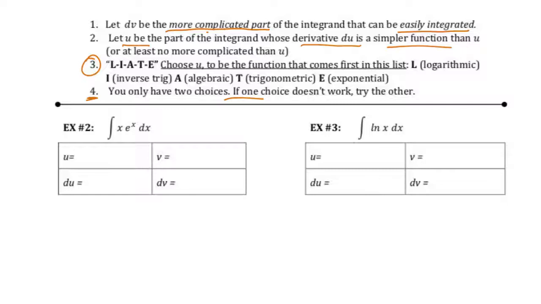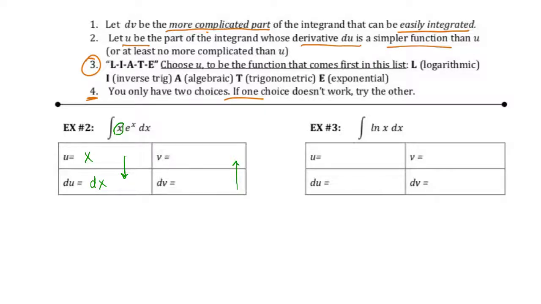So let's go through this classic integral of x times e to the x. And choosing things that are a little bit easier, notice that I would choose here x in place of u. And then the derivative of u is going to be just 1 dx or dx. Now this one you're working down, but over here you're really going to work upward.